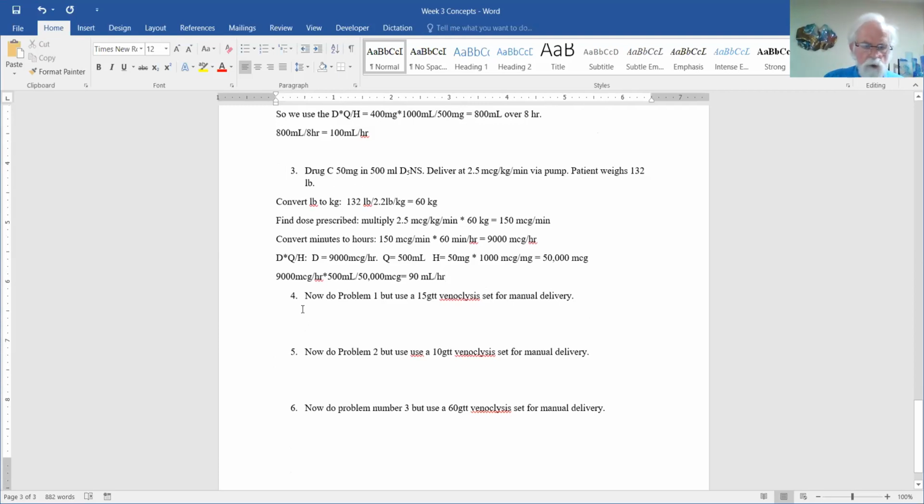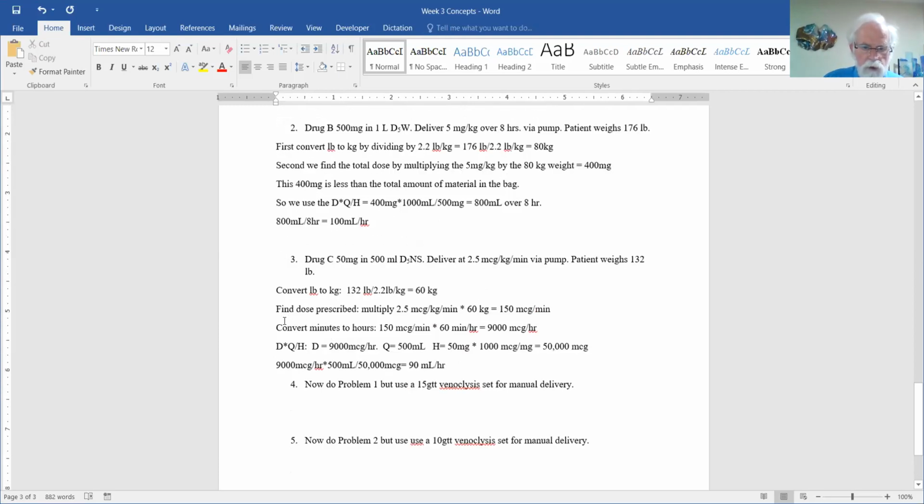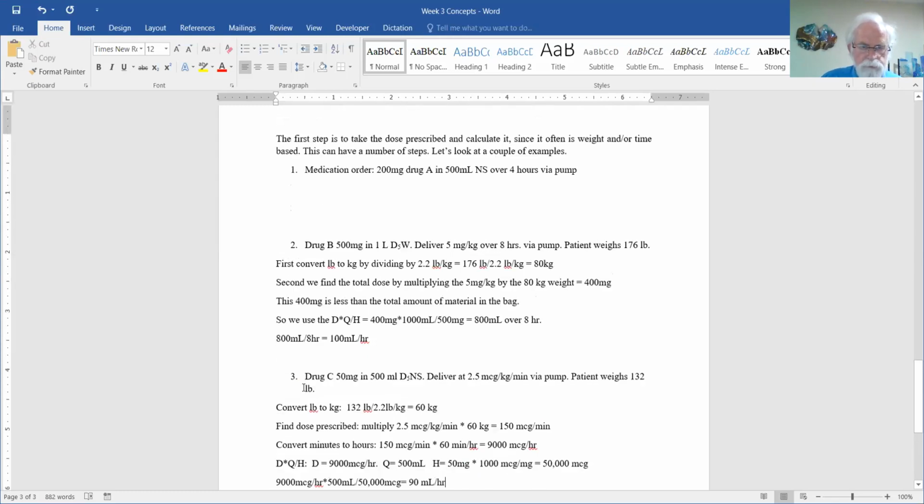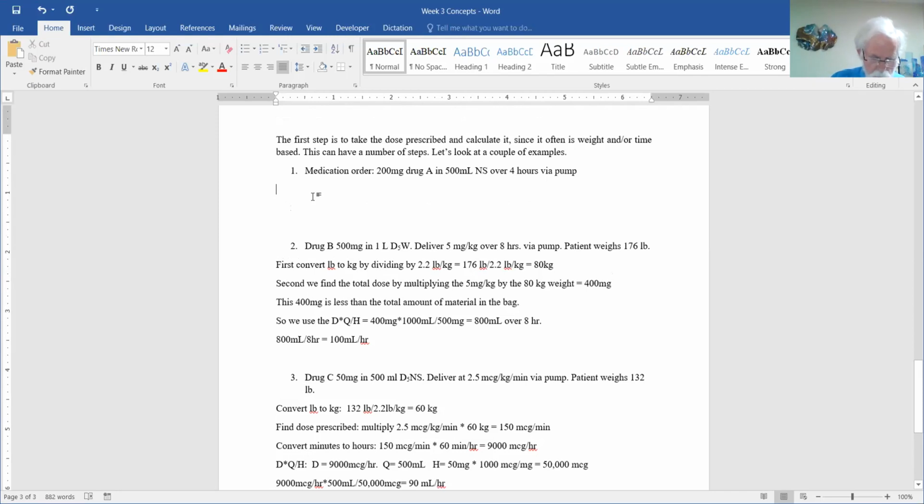Now let's do a couple of things with the venoclysis set. In this first one, we figured that the rate was going to be 500 ml divided by 4 hours equals 125 ml per hour.